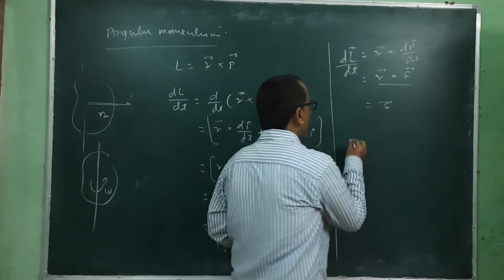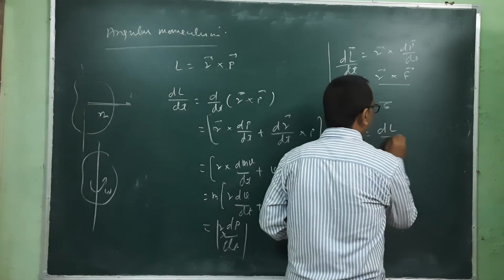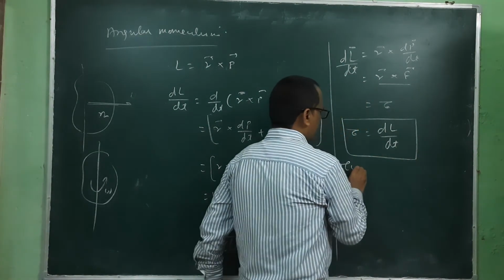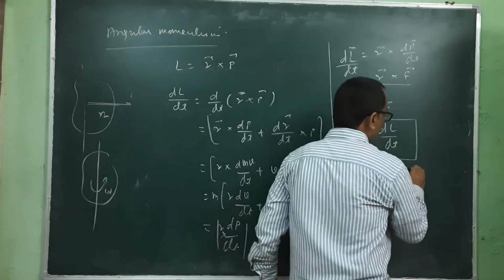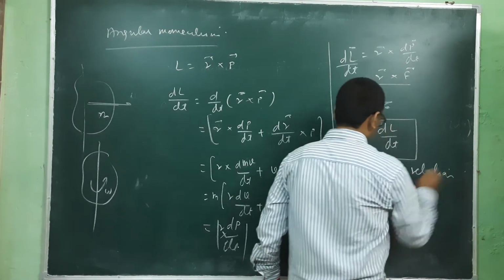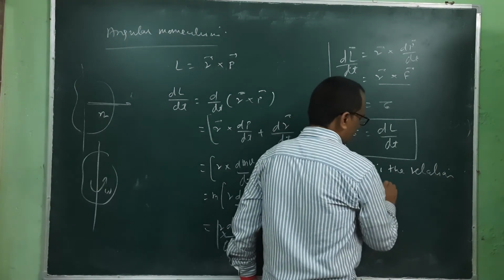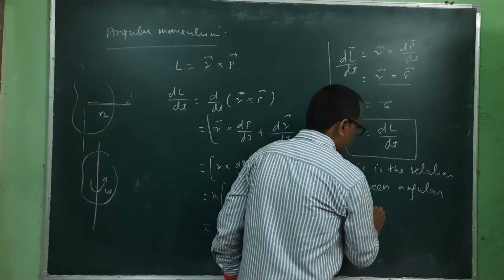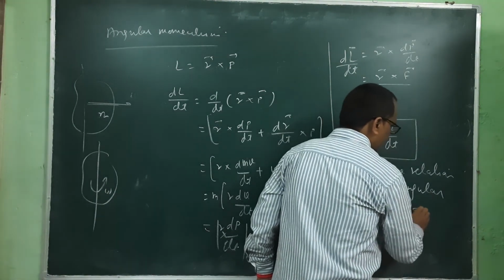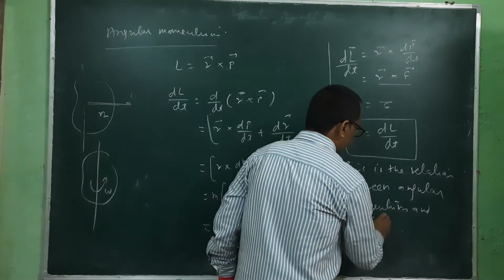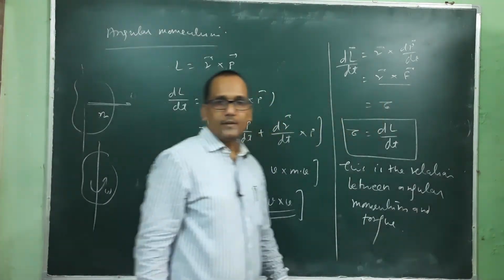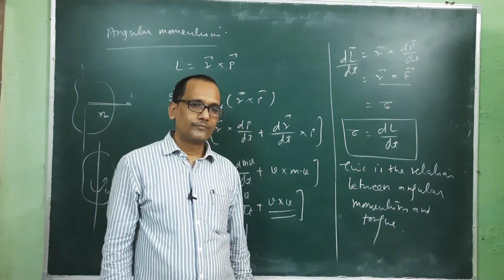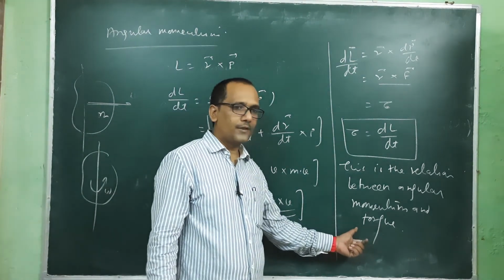So tau can be written as dL by dt. This is the relation between angular momentum and torque. And this is analogous to the relation between force and linear momentum.